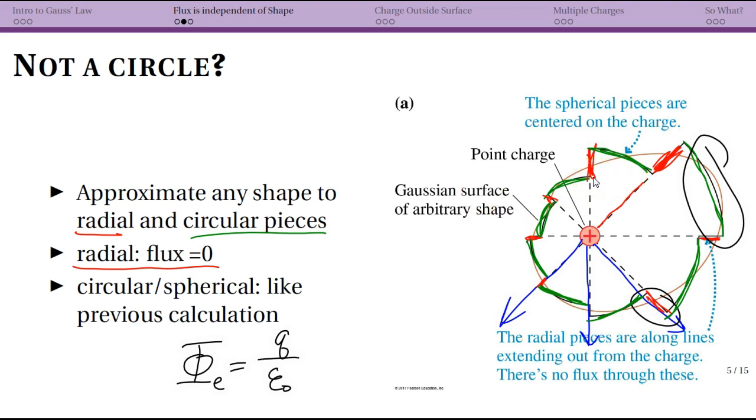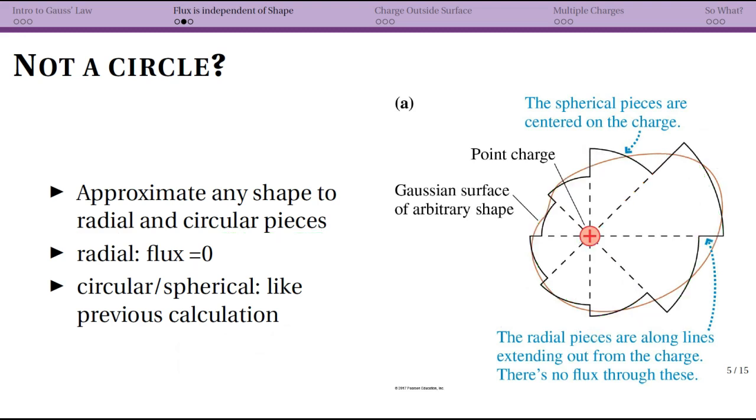So I am skipping a few of the steps here, but the important thing to notice is that our flux doesn't actually depend on the shape that we have put around our object, where that means, for instance, in the case of a sphere, spheres of different radius have the same flux. Here we've moved away from a sphere, but we see you actually get the same flux.